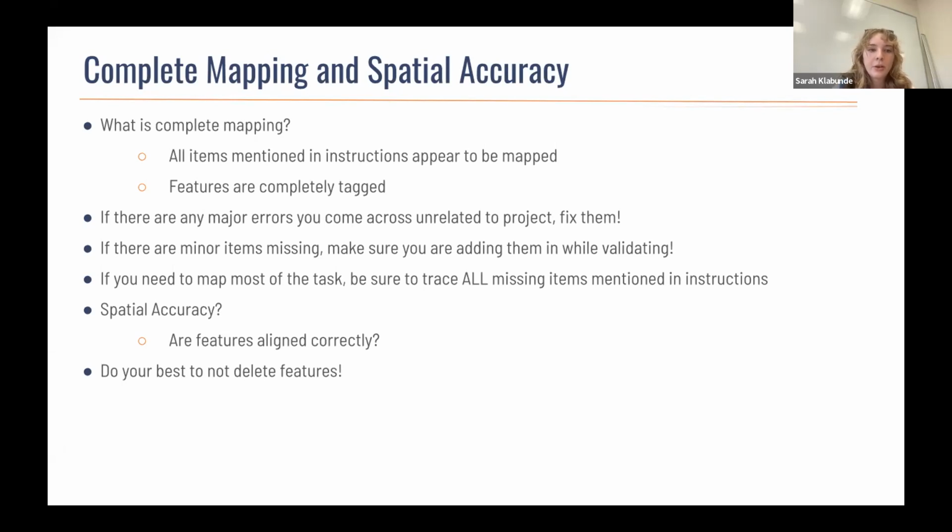But again, it's really important to refer to the instructions of the project as a whole and map all of the features that they want to have mapped and make sure that the tags are there and accurate. And then for spatial accuracy, you want to make sure that you're using the correct imagery and that it's aligned properly. And again, try not to delete any features because you want to honor the work of those who mapped before you.